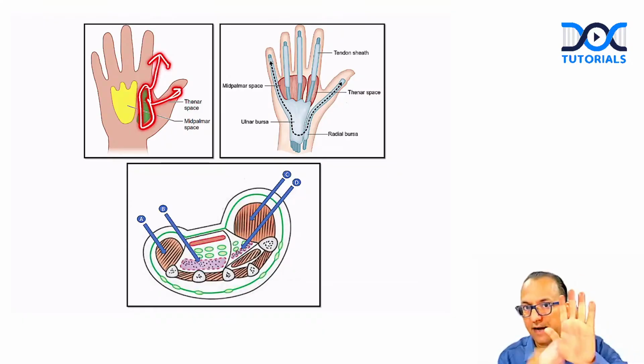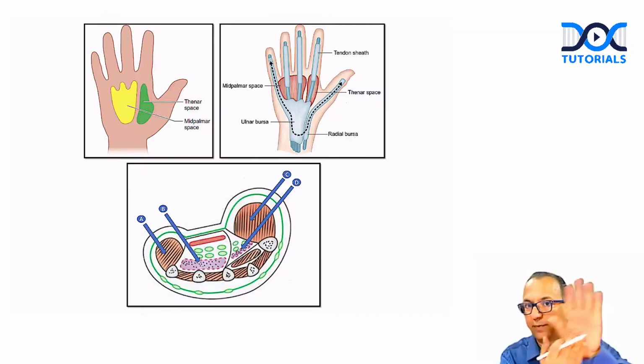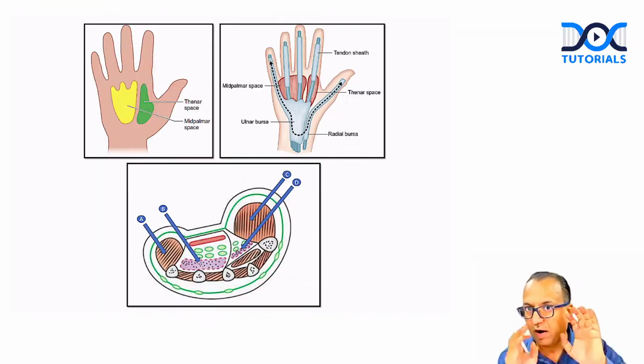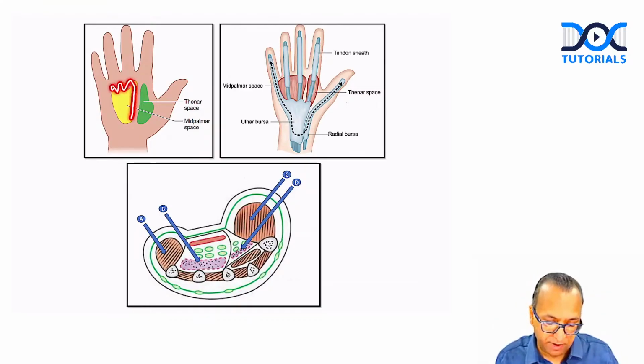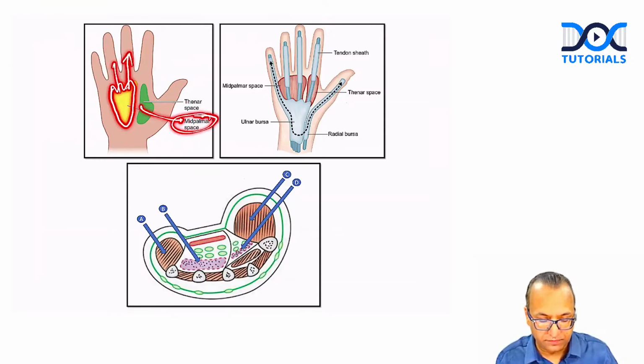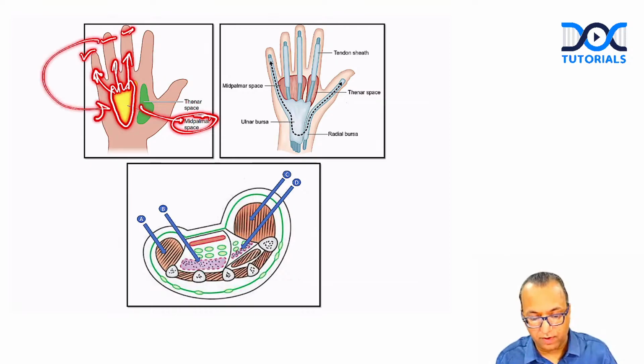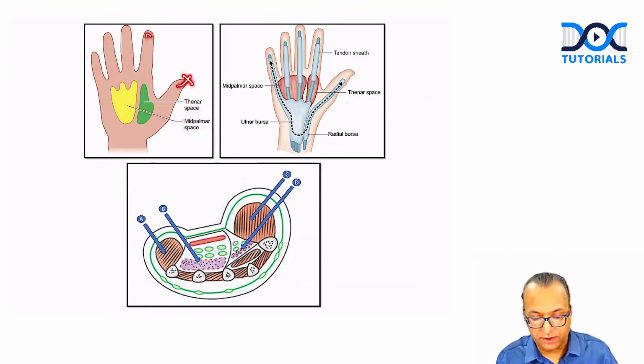Deep to the tendons, FDS, FDP, FPL tendons, deep to them, near the metacarpals. And then there is the mid palmar space, which as the name says, is the mid palm, related with these fingers. Any infection here can go to the mid palmar space, and any infection here can go to the thenar space. There's a septum here separating the two.